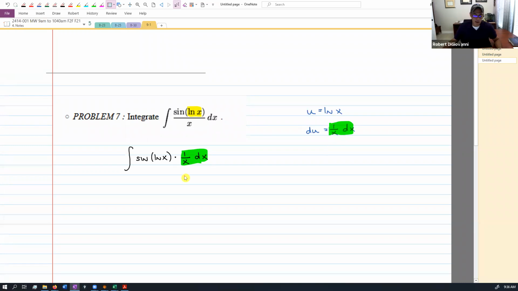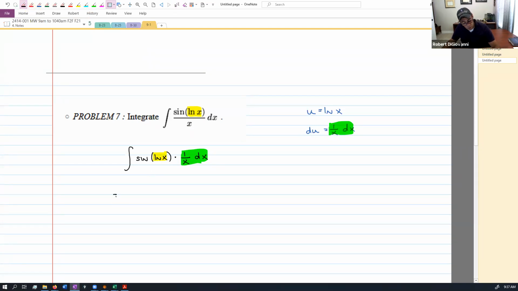Now you might be saying, wait a minute, you said it couldn't be trapped in the denominator, right? Well, nothing is trapped in the denominator. 1 over x dx is exactly the derivative. So even though it's a fraction, it's not trapped down on the bottom. It's not underneath the square root. It's isolated by itself. So if we let the yellow part be u and the green part be our du, we should be able to rewrite this.